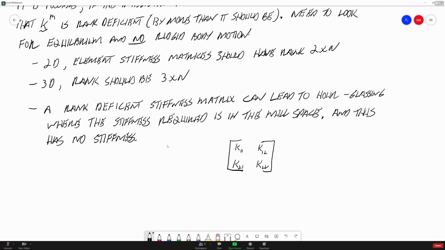Okay. So we've got this K matrix. So this is just K alpha beta M is equal to this. So we have the stiffness matrix. We have a 2x2. Great.